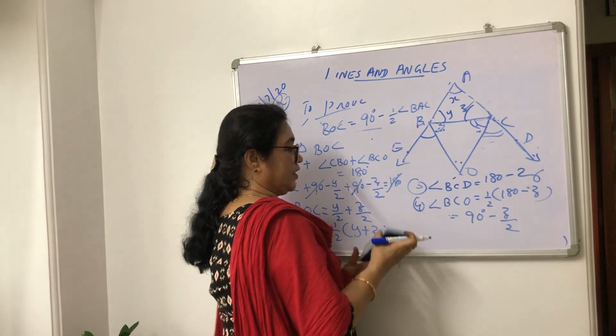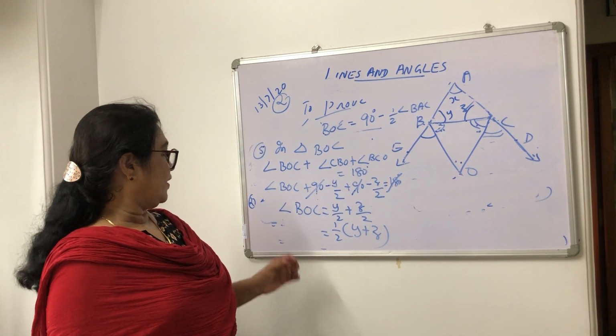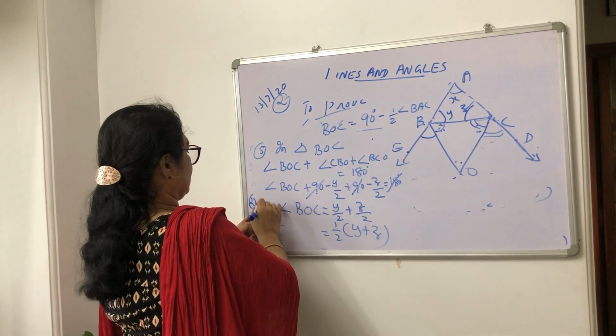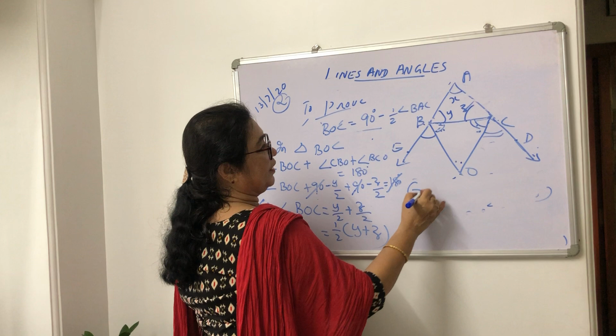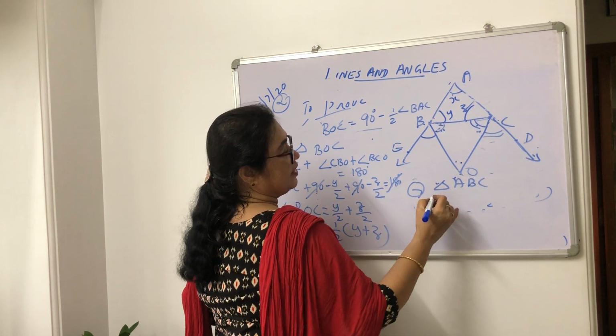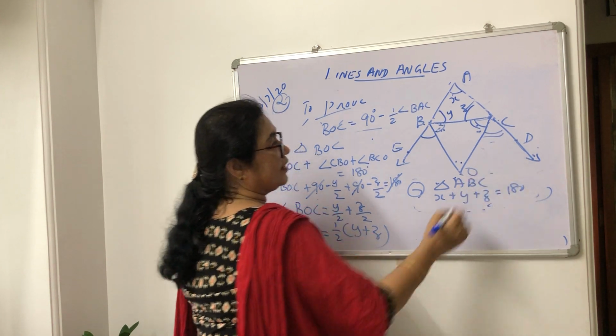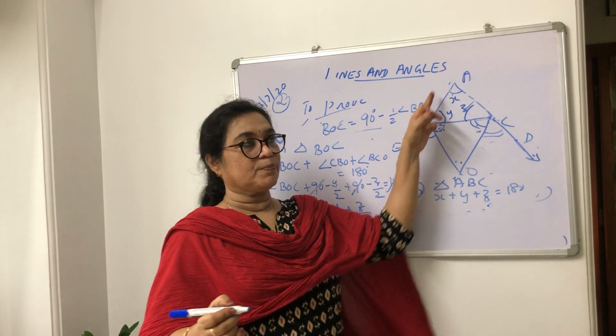Okay. Now the next one, this is the sixth one. Now the seventh one, I am taking triangle ABC. X plus Y plus Z is 180, again the triangle angle sum property.